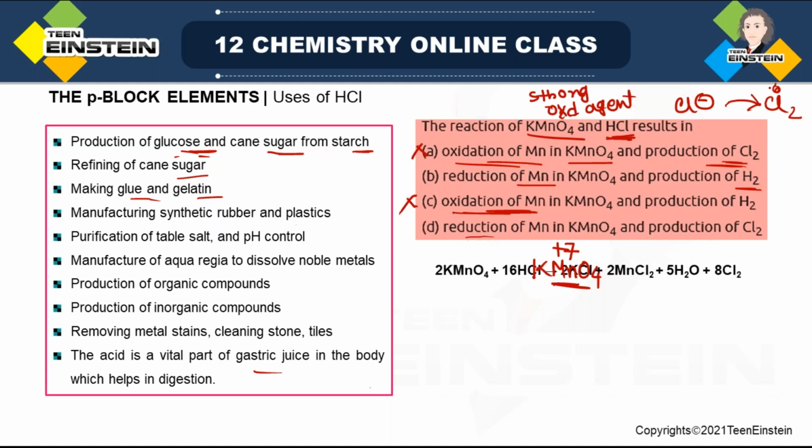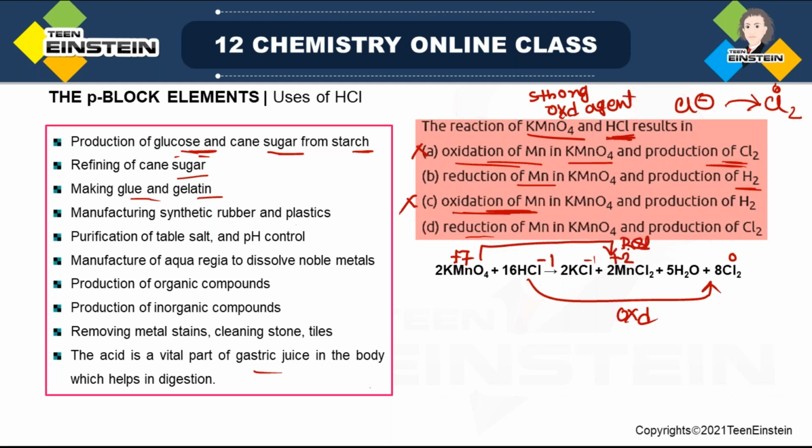Now look at this. KMnO4 reacting with HCl. Though here we have the balanced equation, even without balancing you can understand which option will be correct. From +7, after reduction it is +2, and Cl from -1 is now 0. Though there is another product which is -1, if you consider this is oxidation, this is reduction.